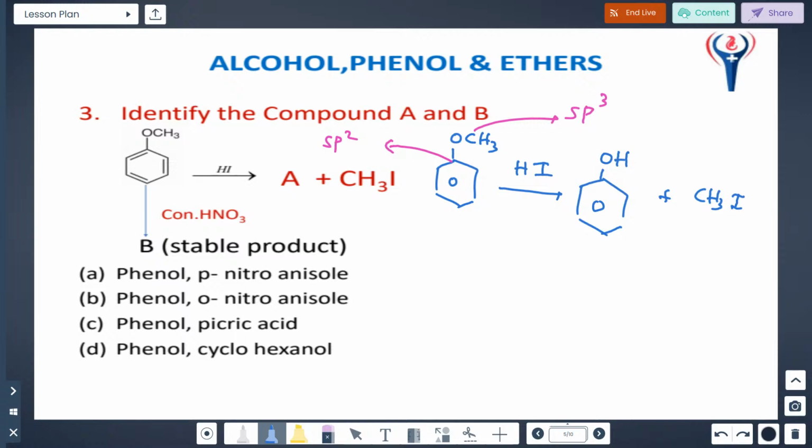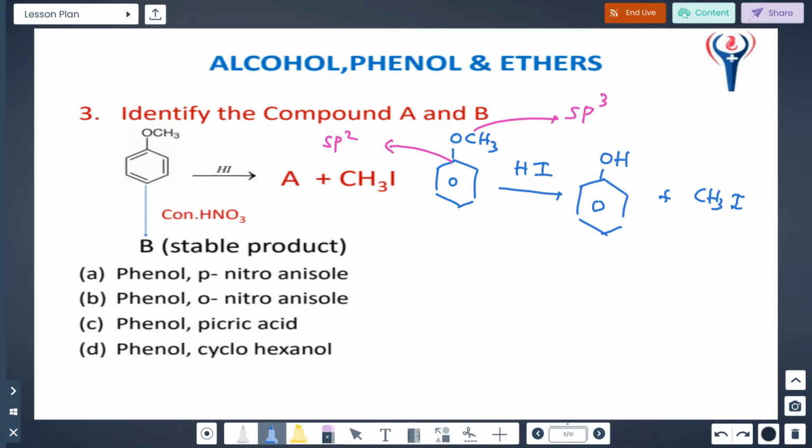Now come to the second part. The same anisole reacts with concentrated nitric acid, and it gives what? Anisole is an ortho and para directing group.